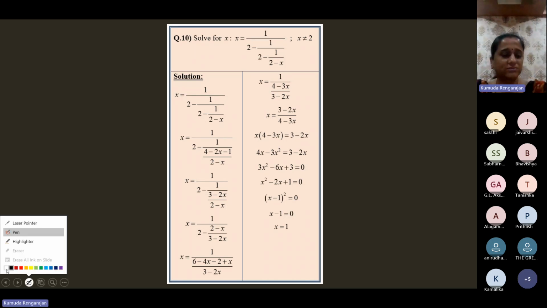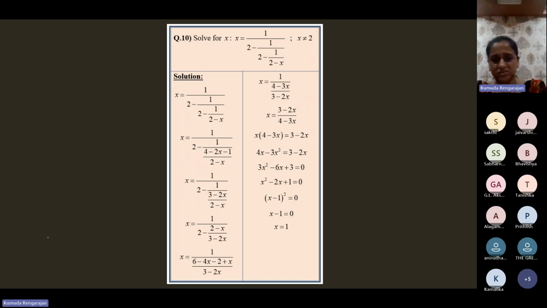So I'll just tell you, like a glimpse of this answer. So here, first you should take LCM between these two terms. So that's what has happened here. And then you should simplify that and you have this.